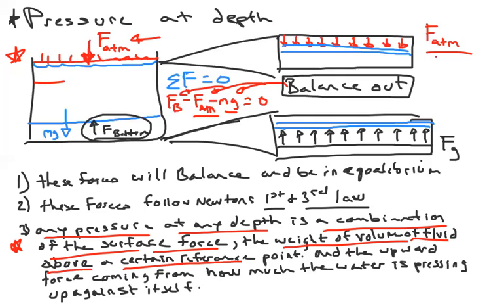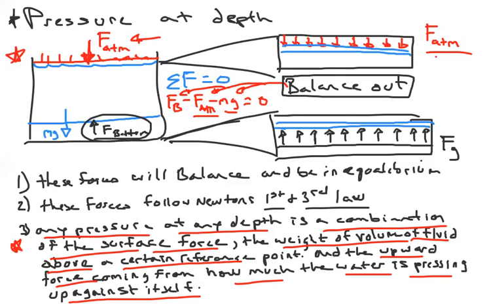Like we said, the deeper you get, the more water is going to be above you, so that water has a certain weight that's going to press down. And then the upward force comes from how much the water is pressing up against itself, or if you get to the bottom of the ocean, how much the ground is pushing back up on the water.